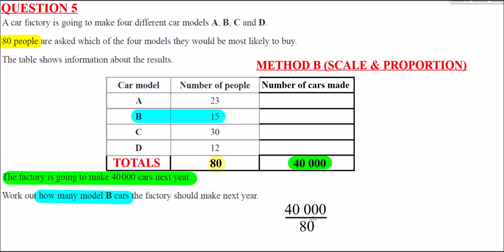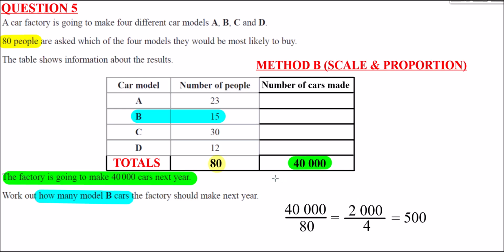Both numbers end in a 0, so we can knock those off. So we can then do 4,000 divided by 8. Both numbers are even, so half of 4,000 is 2,000, and half of 8 is 4, and then 2,000 divided by 4 gives us 500.